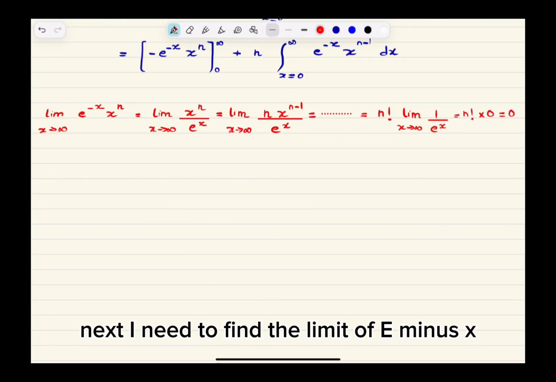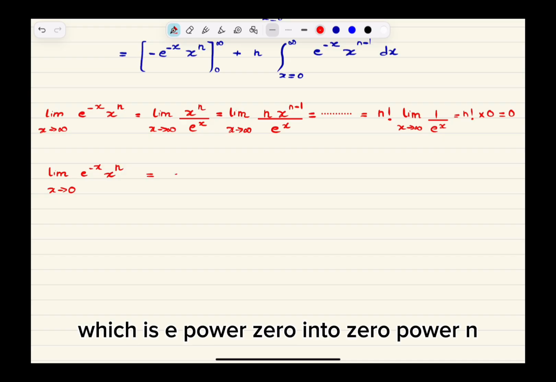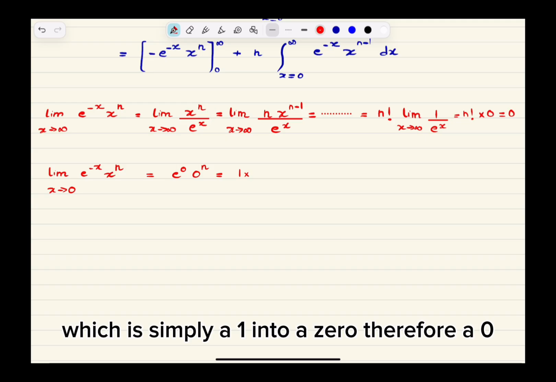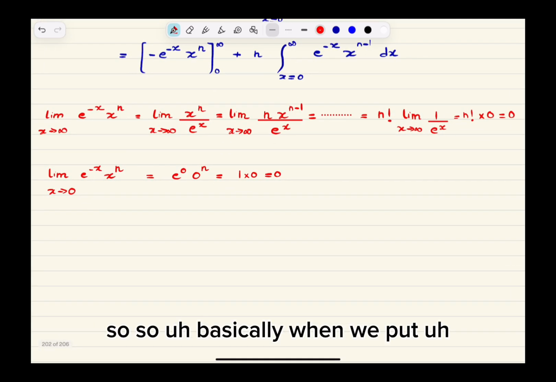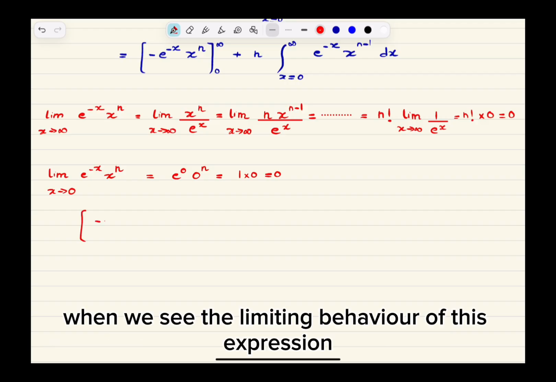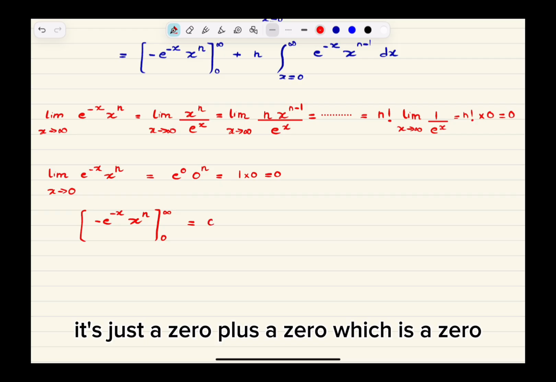And next I need to find the limit of e^(-x) x^n as x approaches 0, which is e^0 times 0^n, which is simply a 1 times a 0, therefore a 0. So basically, when we see the limiting behavior of this expression from 0 to infinity, it's just a 0 plus a 0, which is a 0.